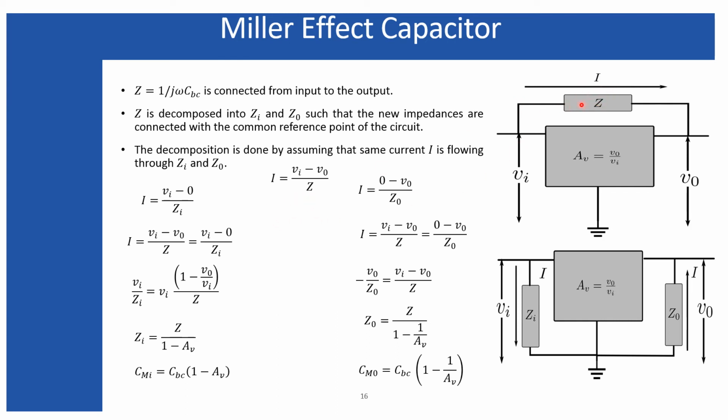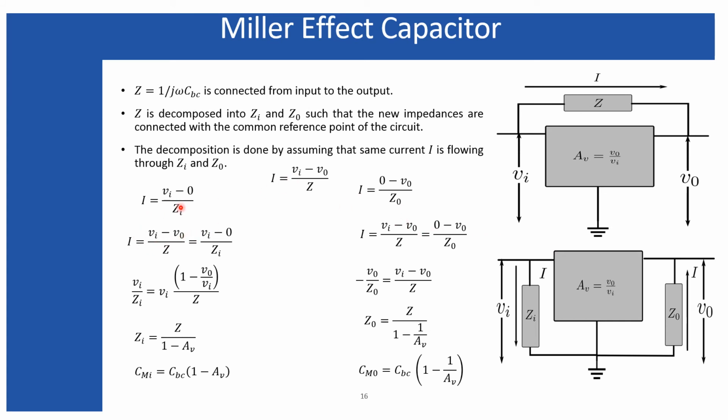Therefore, from this initial circuit, we can write I is equal to Vi minus V0 divided by the impedance Z. And for the input side, we can write I is equal to Vi minus 0 divided by Zi. Similarly, for this output section, we can write this current is equal to 0 minus V0 divided by Z0.